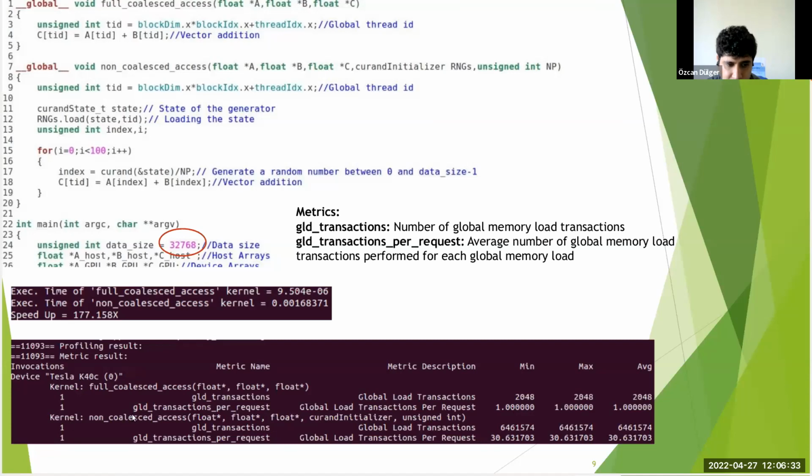For the non-coalesced access, the total number of global load transactions is around 60 million. When we take the average, we get 30.6. As I told you before, the load operation of a warp performs at most 32 transactions, and as you see, we get 30.6 transactions on average.